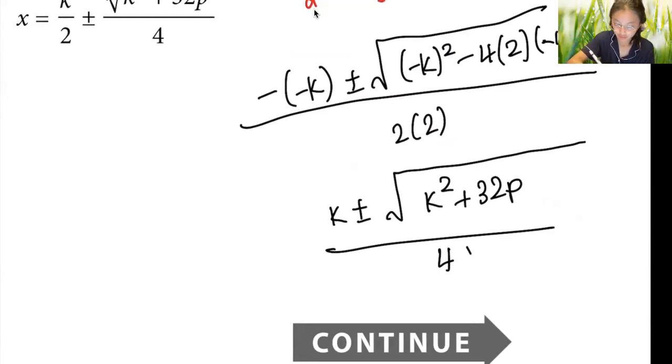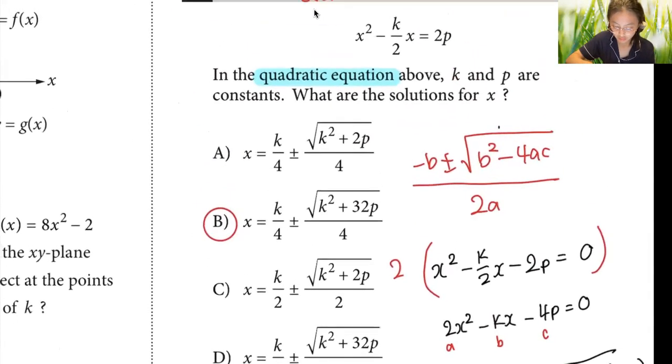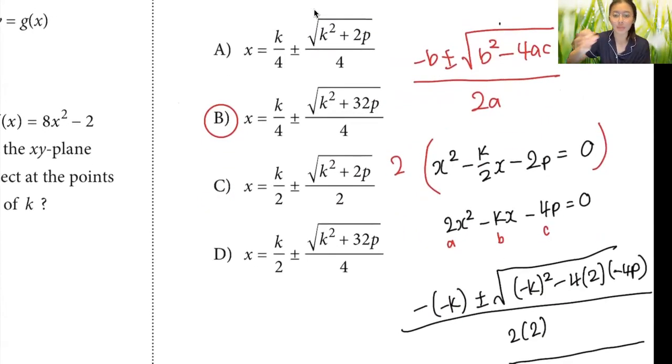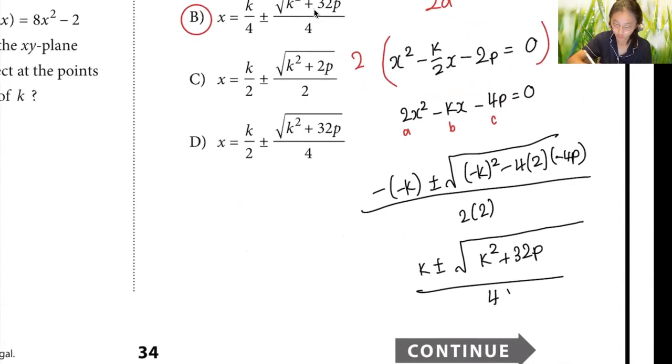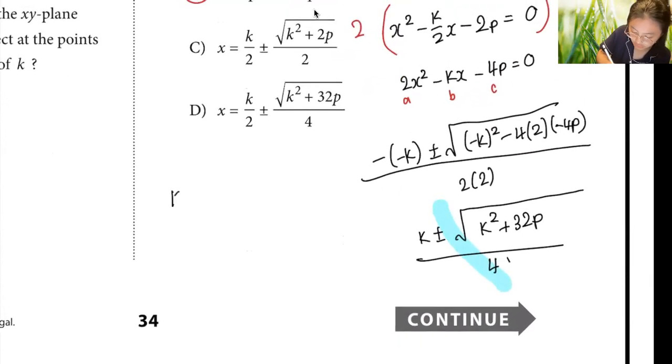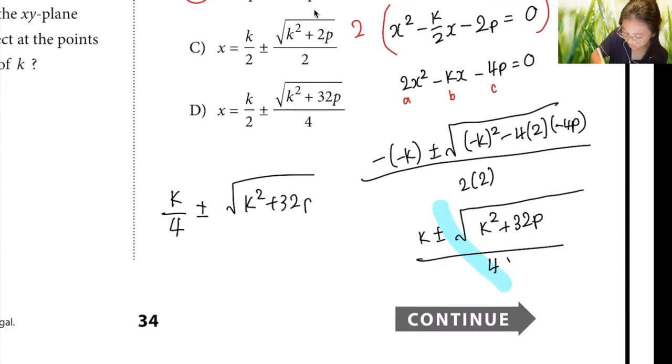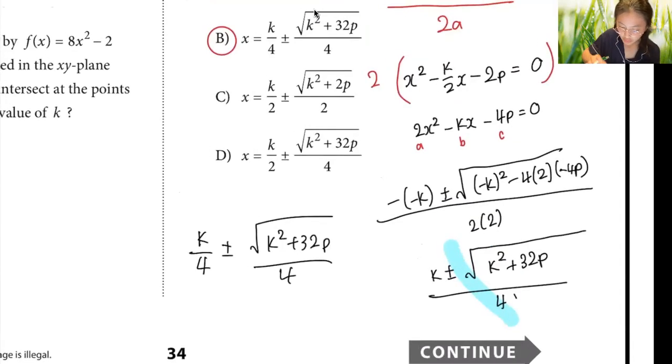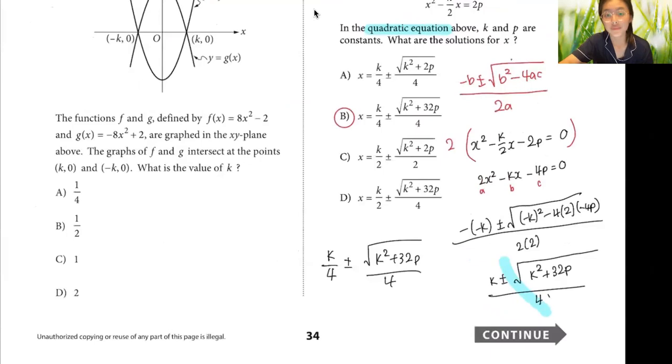So it's in the format of k over something plus minus the rest, and we're going to break it apart right here. If we're breaking it apart like that, you need to have k over 4 plus minus the same thing for the square root of k squared plus 32p, over 4. And that is going to give you B. So that is going to be your answer. Thank you.